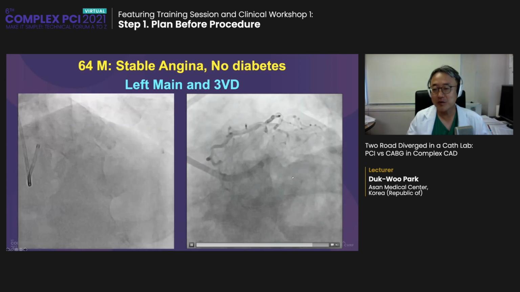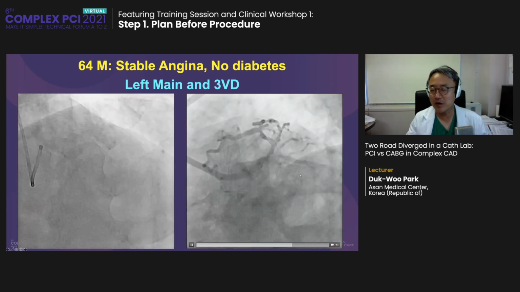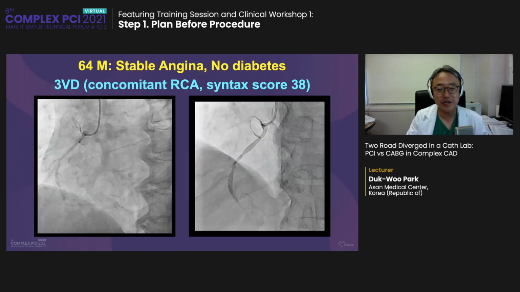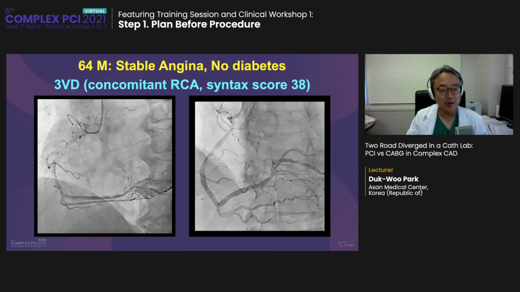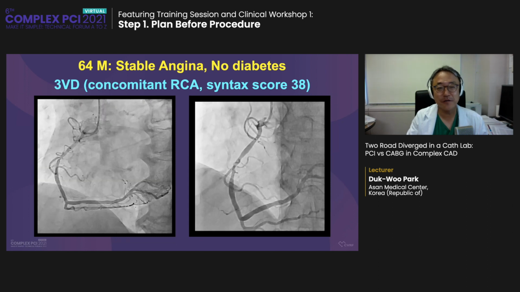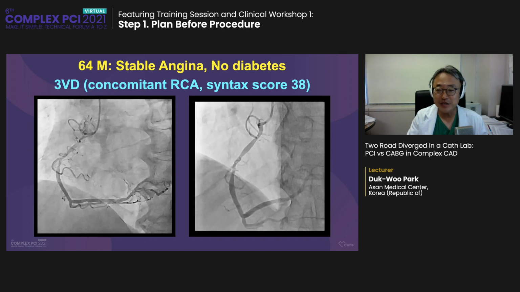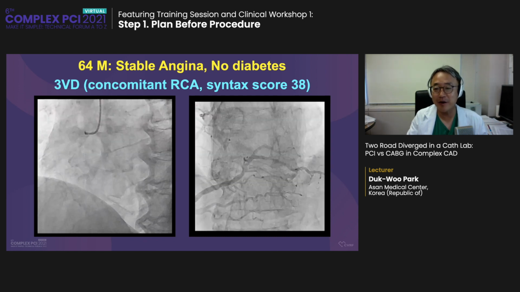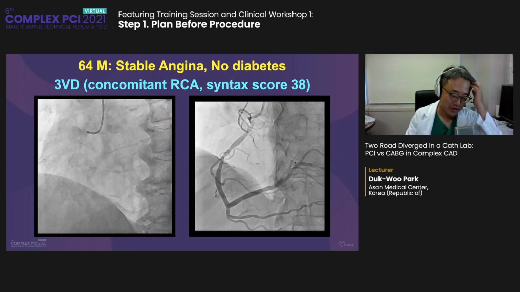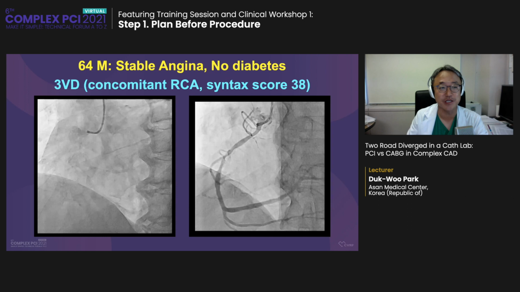Also, the spider view shows near total occlusion of the circumflex ostium. The right coronary also has significant disease, with some diffuse disease in the proximal RCA. So, a 64-year-old male, stable angina, no diabetes, with 3-vessel left main disease and a high-risk SYNTAX score of 38. This is sometimes encountered in real-world complex procedures: left main 3-vessel disease.